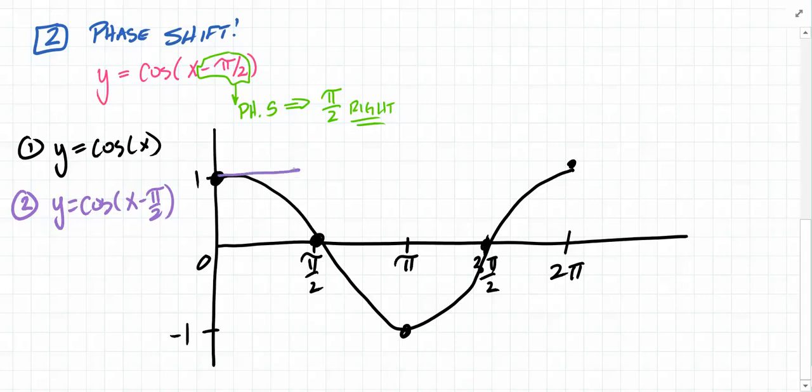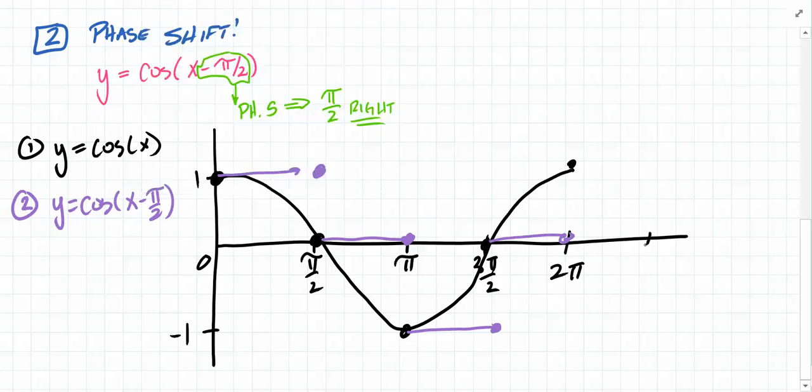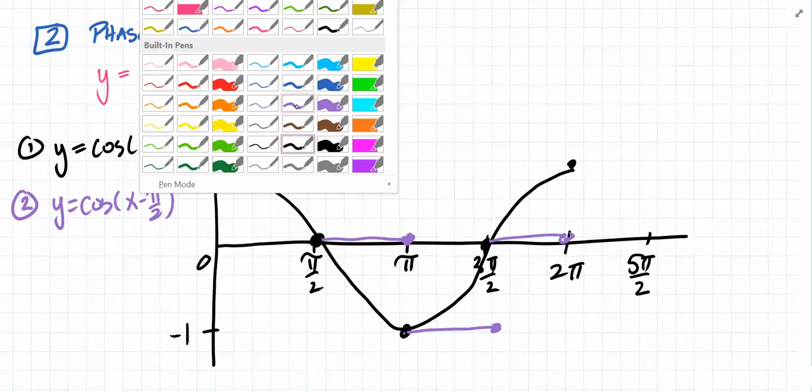This dot goes here, this dot has moved here, and this dot would be here. Finally, to rescale my x-axis, where would that be? 1 pi over 2, 2 pi over 2, 3 pi over 2, 4, so this has to be 5 pi over 2. Do you see how I counted that up really quickly? So this point goes here, and this is my new graph right here.